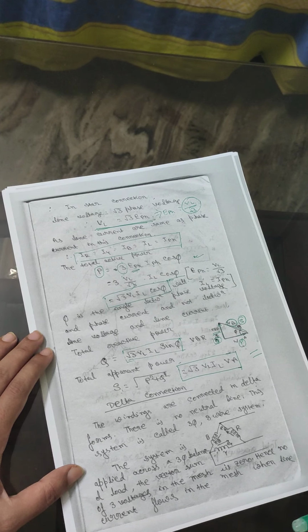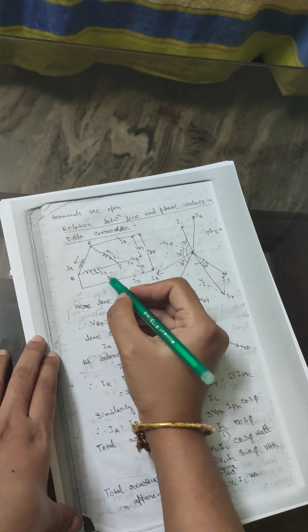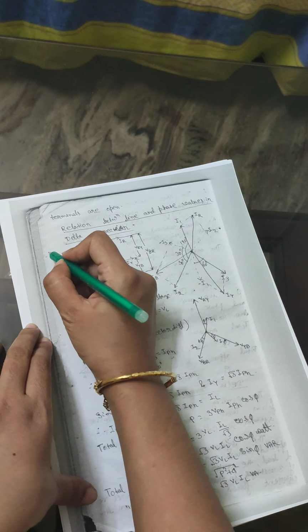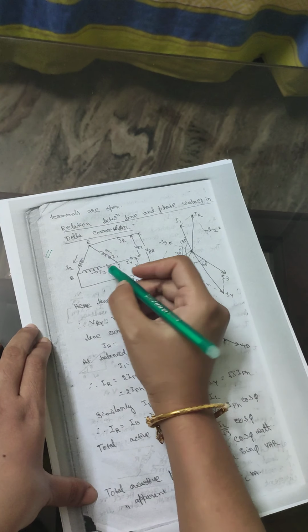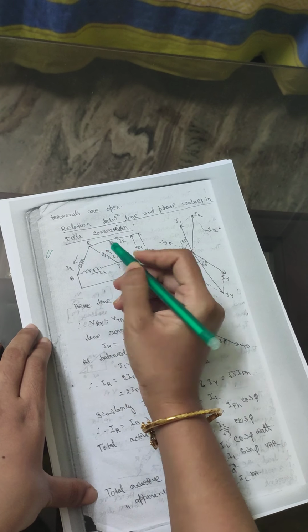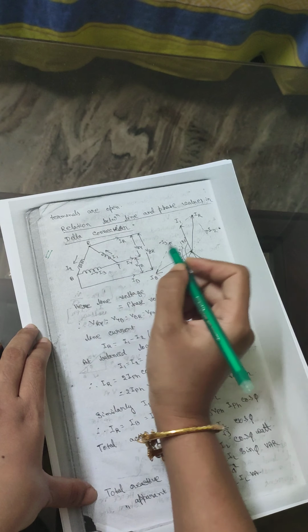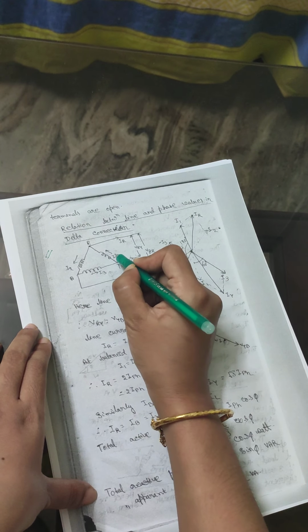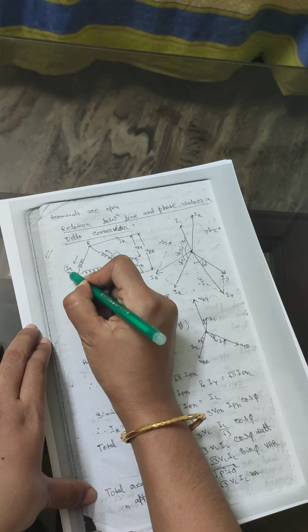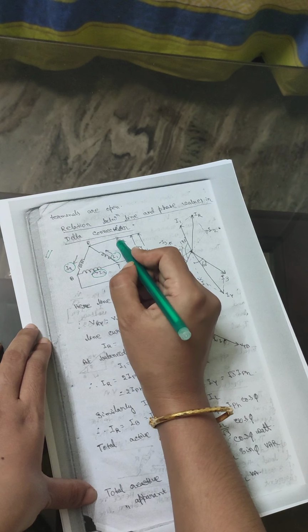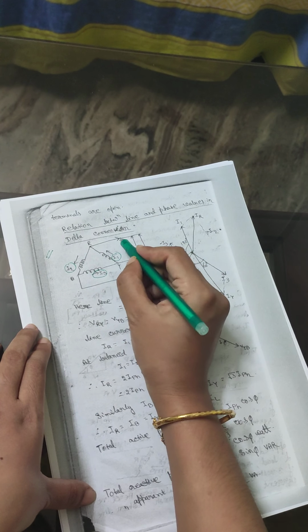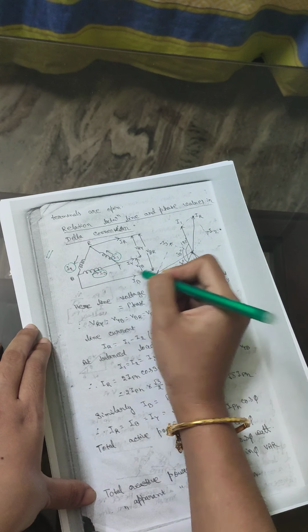Next, move to delta connection. Now, in case of delta connection, see, red line, Y line, blue line, same current is flowing there, I1, I2 and I3, and here IR, IY, IB.